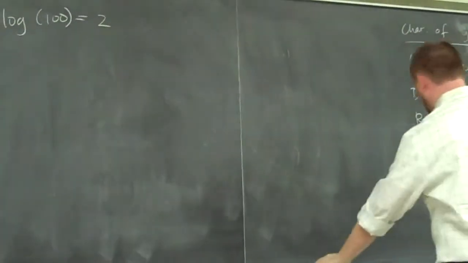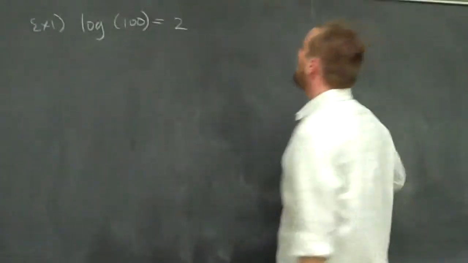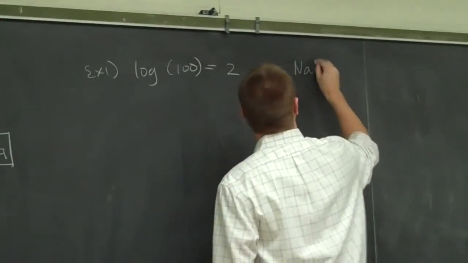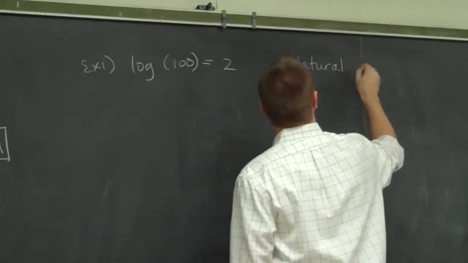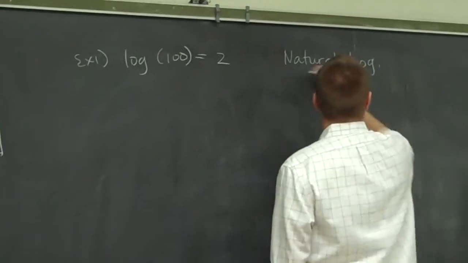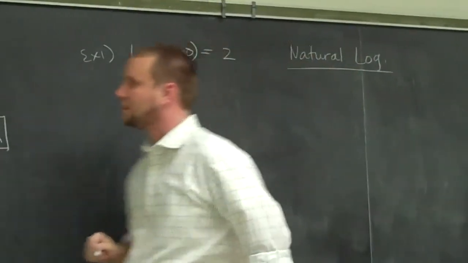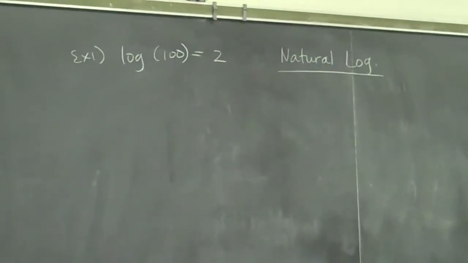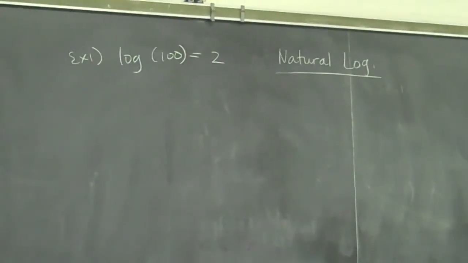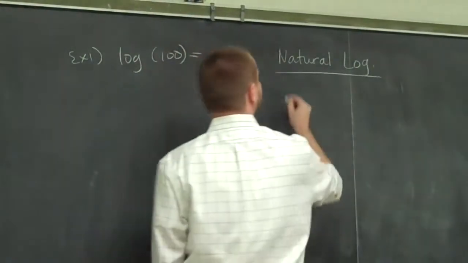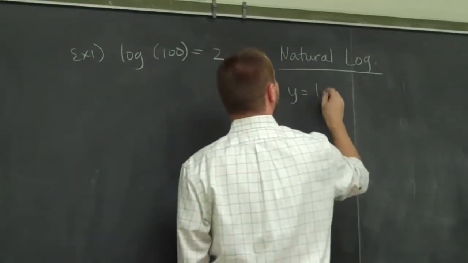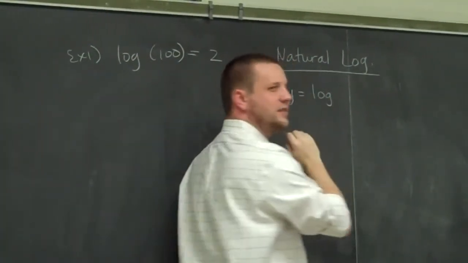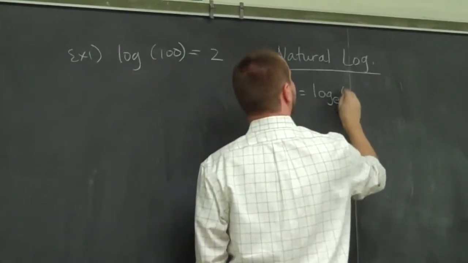The other significant log we call the natural log. Okay? If our common log was log base 10, the natural log is the y as a function of x that is log base e.